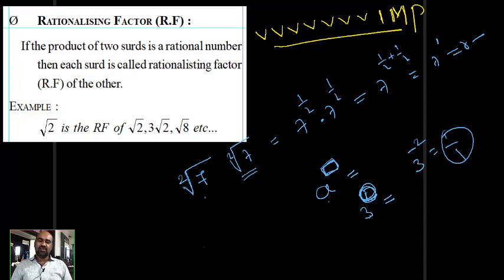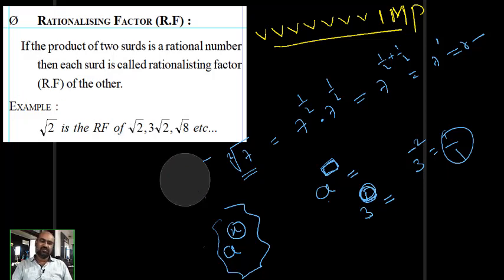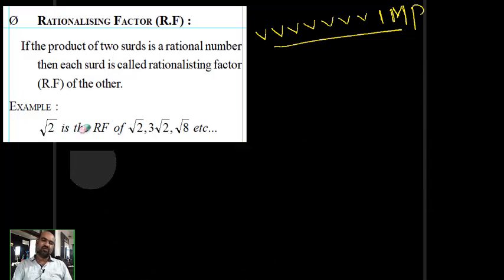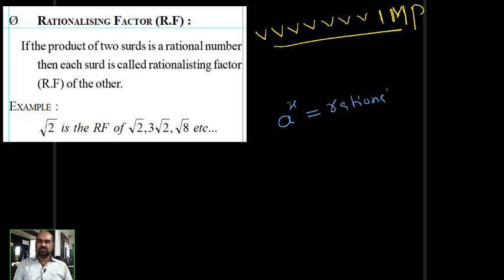What I am trying to explain: if A is a rational number and x is an integer, then directly I can say that A power x is rational. That is important, so I will write it. A power x is rational if A is rational and x belongs to the integers, very important.